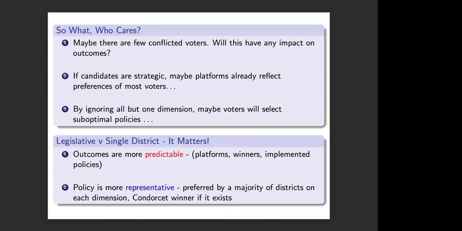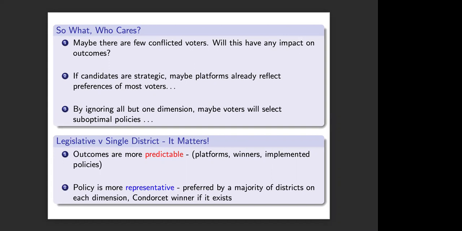So he knows he has me in his pocket. He doesn't need to respond to my preferences. He knows that he can count on my vote no matter what. Because of that, Trump will then focus his attention on trying to get the swing voters on the other dimension. He'll try and catch people on the social dimension because he knows he can rely on the core economic voters.